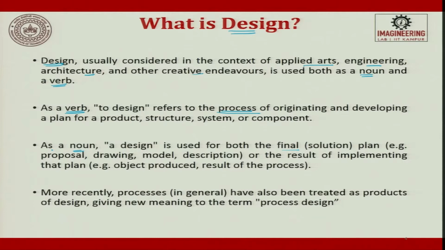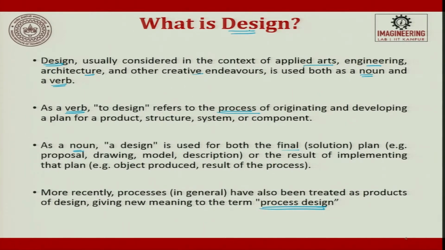So, as a noun, a design is used for both the final plan or the result of implementing that plan. Both, if we can use it, it is called a noun. More recently, processes have also been treated as products of design, giving new meaning to the term process design.